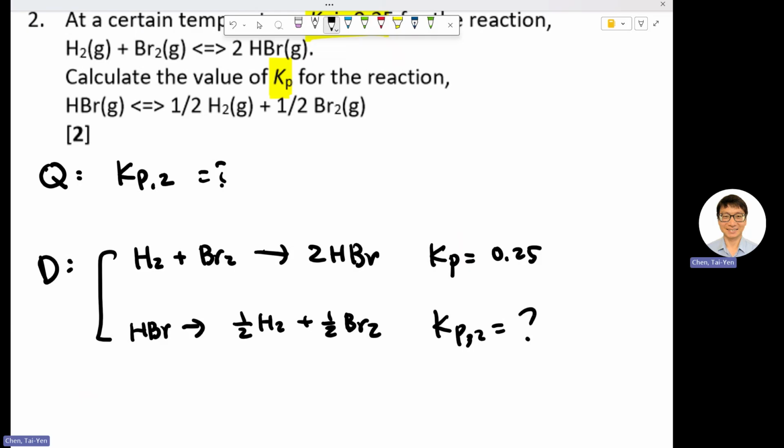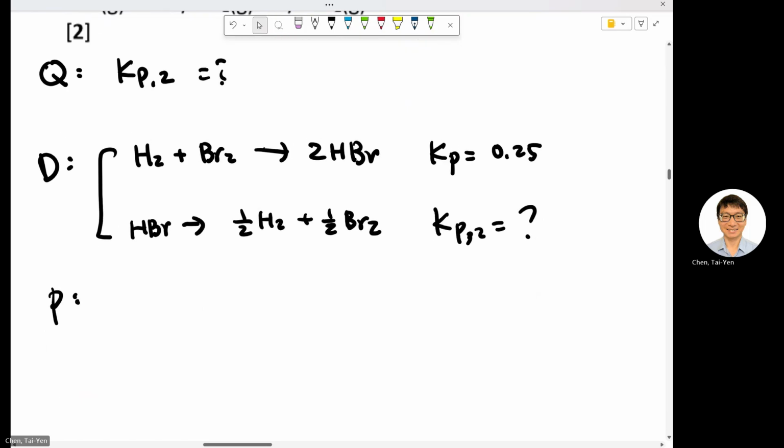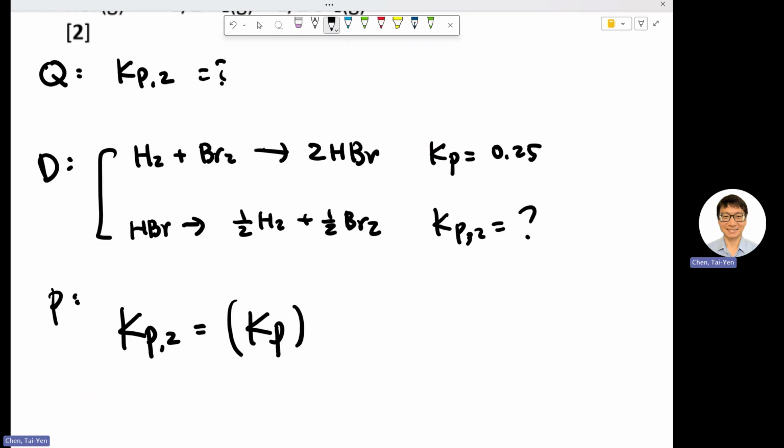So the new Kp2 should be the original Kp, and every operation will happen at the exponent, or the power part. Since you flip, you must have a negative sign over there.